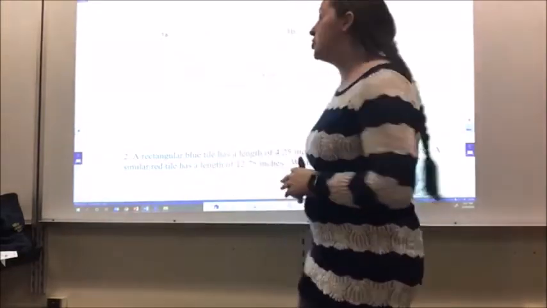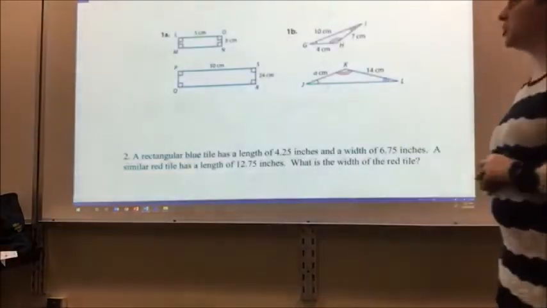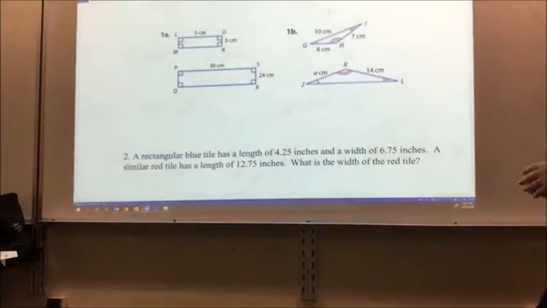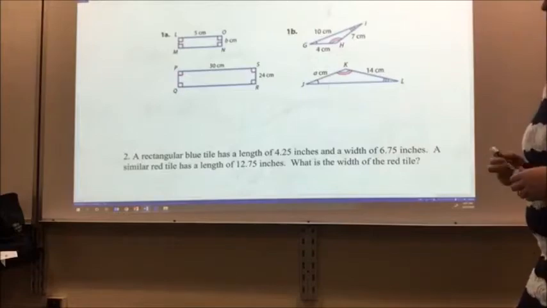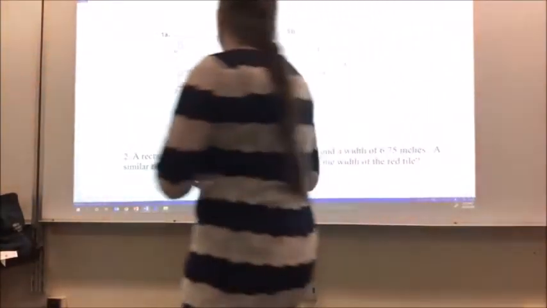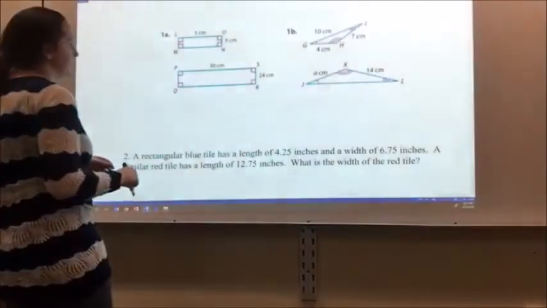So for the first two problems, it's asking me to figure out the missing length. So for 1A, I have 5, B, 30, and 24, okay? So I know that these are similar to each other.